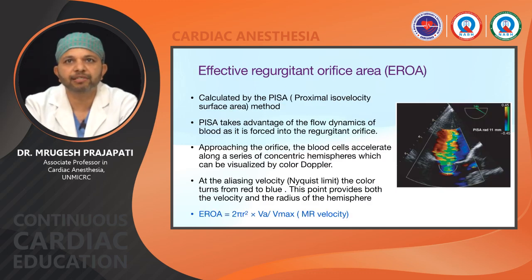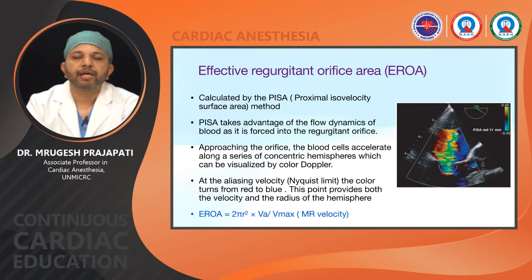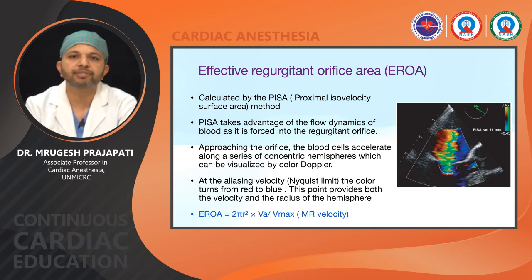Effective regurgitant orifice area is calculated by the PISA method, which is proximal isovelocity surface area. PISA takes advantage of the flow dynamics of the blood as it forces into the regurgitant orifice. Approaching the orifice, the blood cells accelerate along a series of concentric hemispheres which can be visualized by color Doppler.